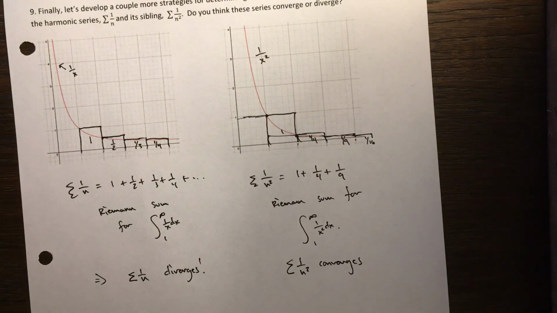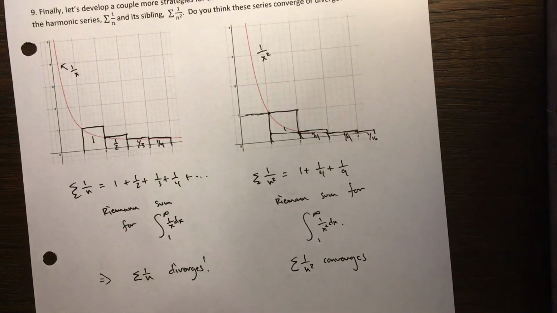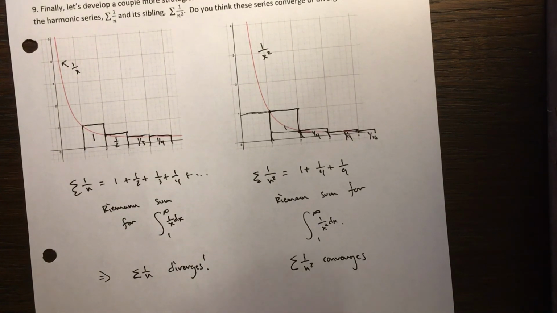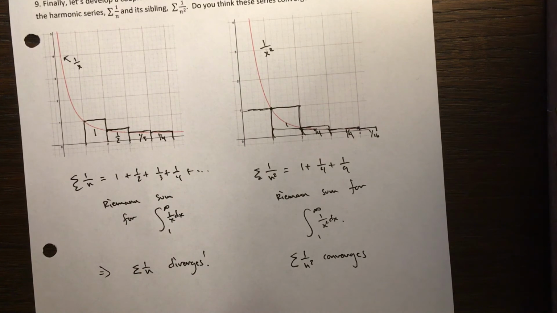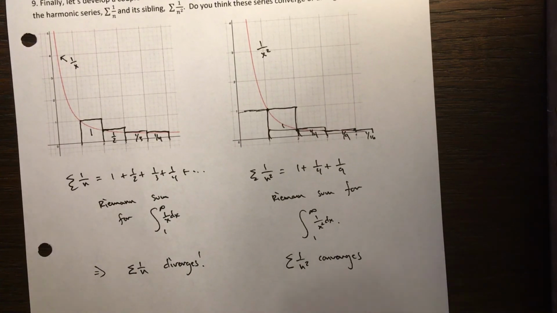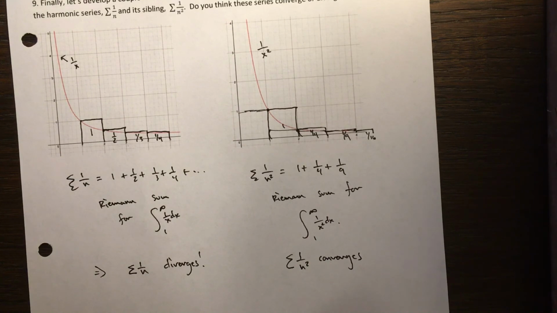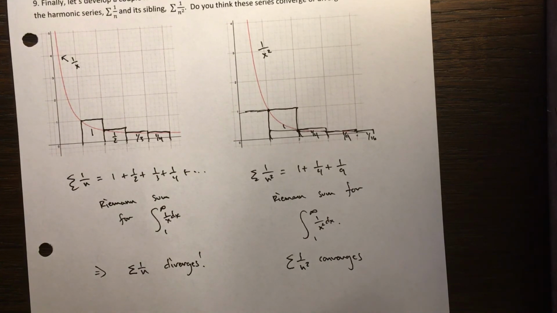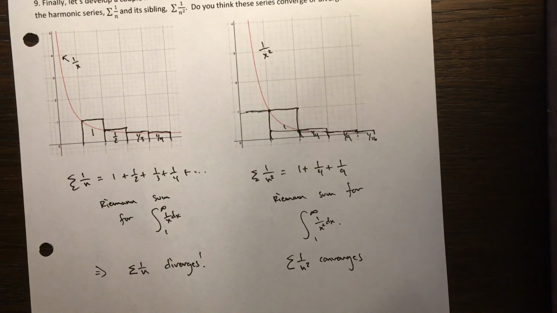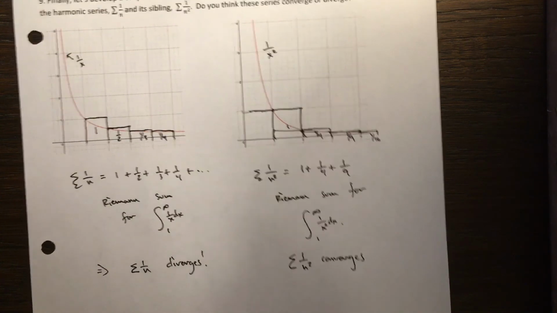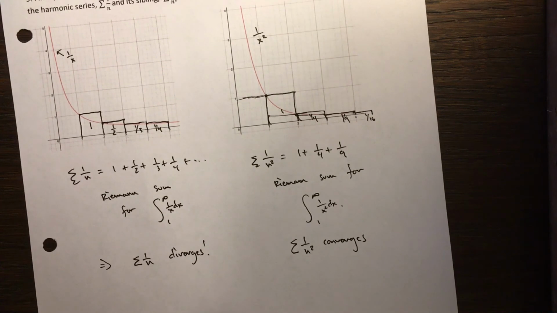So basically, what the integral test tells us is that if the integral from 1 to infinity of f of x dx converges, then the sum from n equals 1 to infinity of a sub n converges, provided a sub n and f of x are the same thing in function and sequence form.